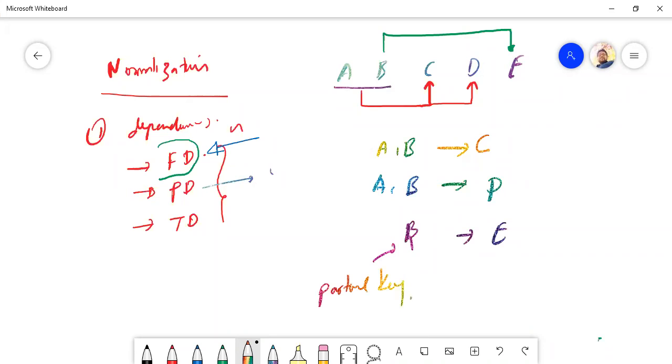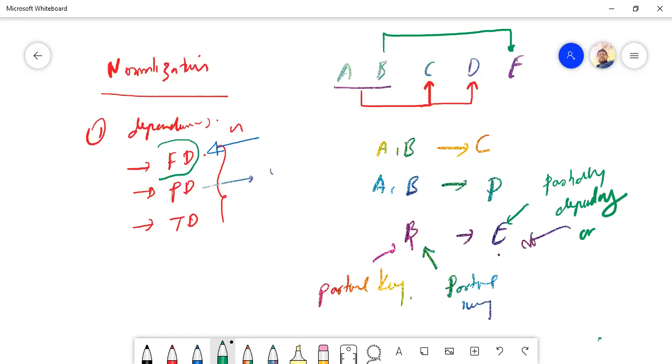The primary key is A and B, but B alone is a partial key. So E is partially depending on B. We learned this last time, the partial dependency.